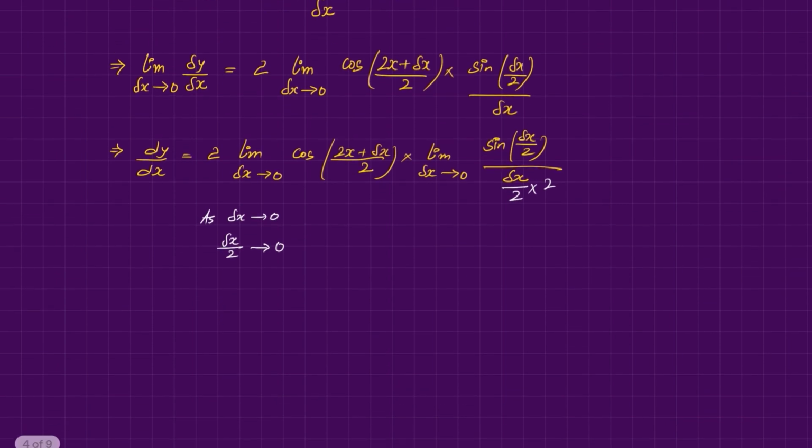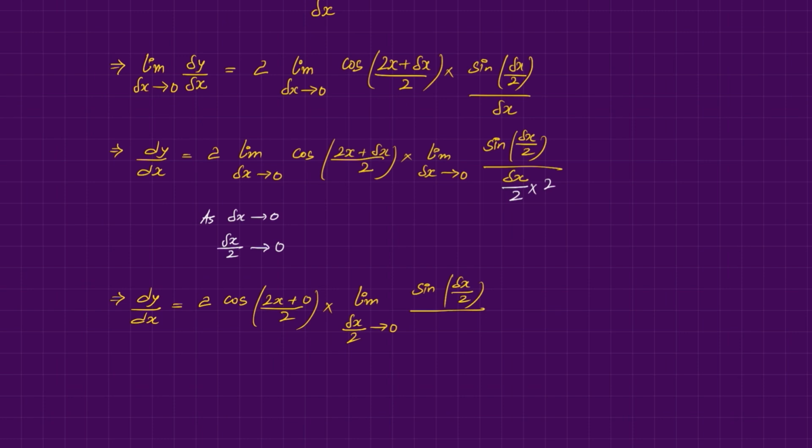So in the next line we will have dy over dx equals 2, and in this portion let us put the limit delta x tends to 0 here, so it will be cos of 2x plus 0 over 2 into the limit delta x by 2 tends to 0 of sine delta x by 2 whole divided by delta x by 2, and this 2 let me write in front, so it will be divided by 2.